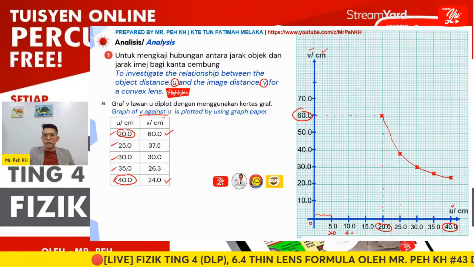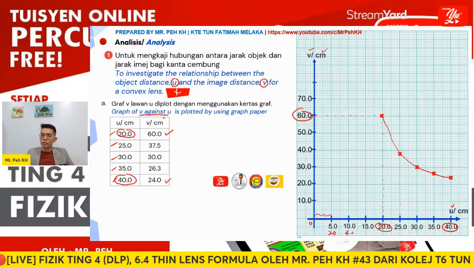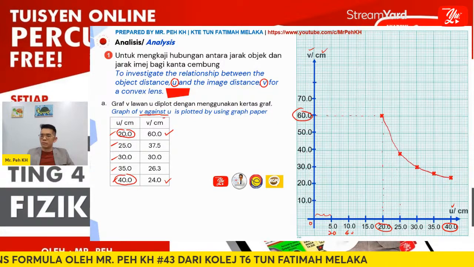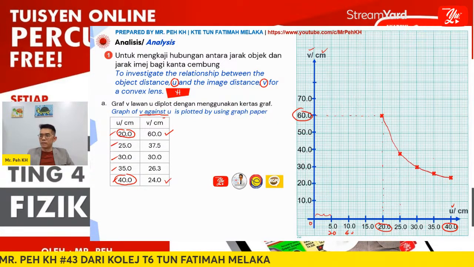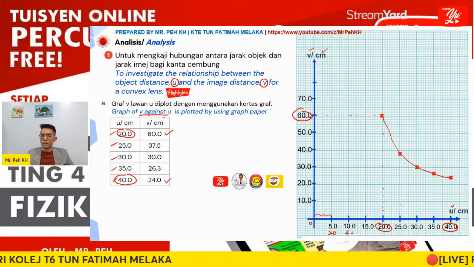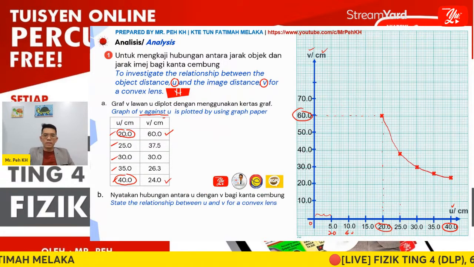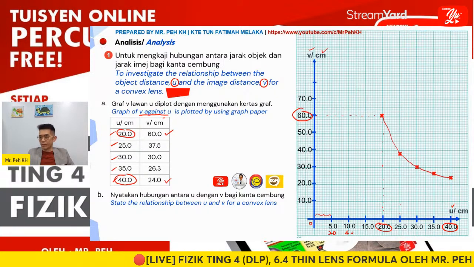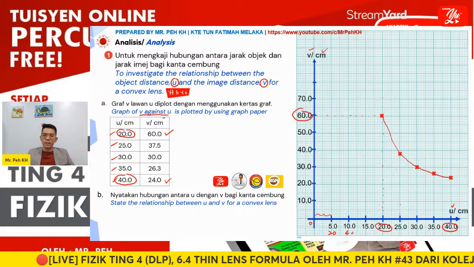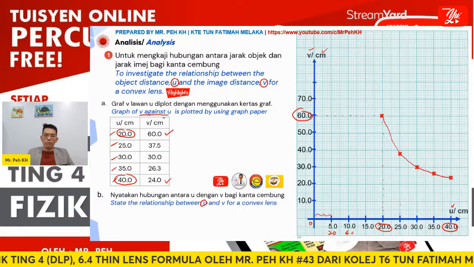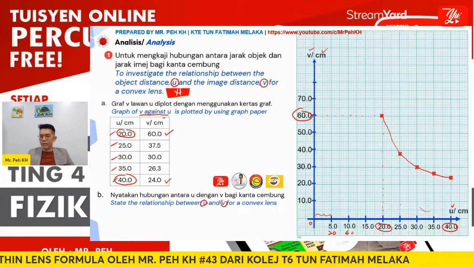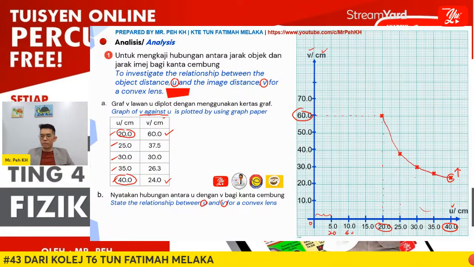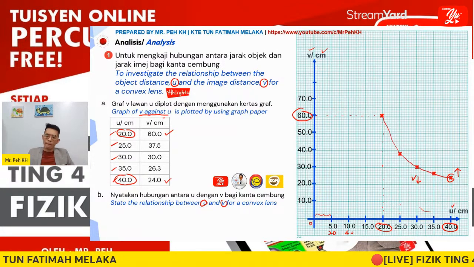Then next, you must draw a smooth curved line for these 5 data which I got in my experiment. You can see this will be a curve. This graph will be the best graph to show the relationship between V and U. From this graph you can see that when the value of U increases, the value of V decreases.